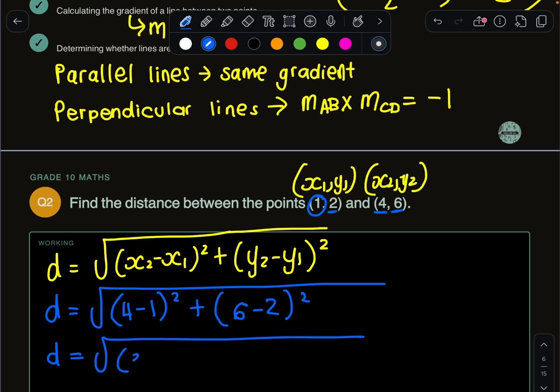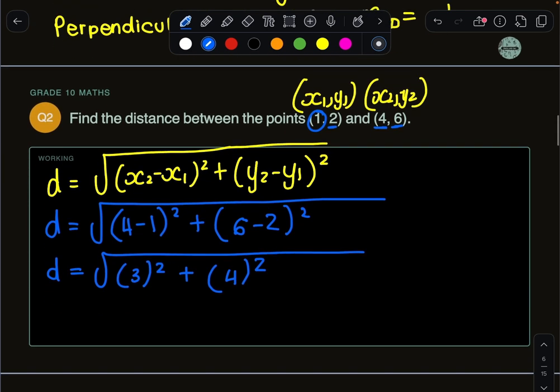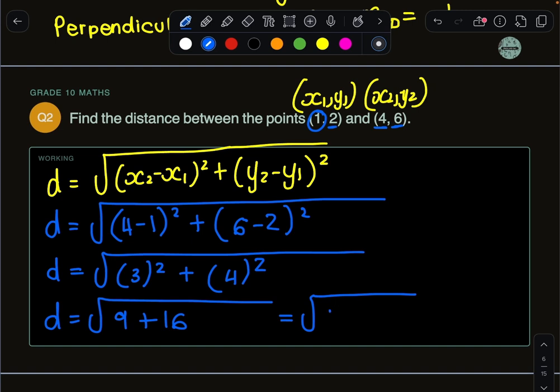So 4 minus 1 is 3 squared. 6 minus 2 is 4 squared. Let's do the squares then. 3 squared is 9. It's 3 times 3. 4 squared is 16. So this is going to become 9 add 16 is 25. So the square root of 25, which is 5. That is our distance between those 2 points.